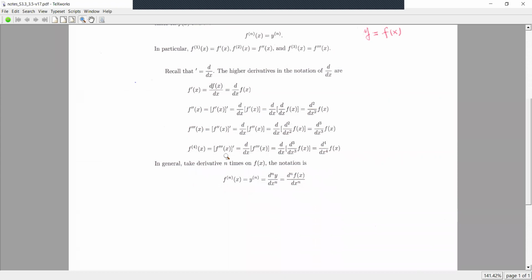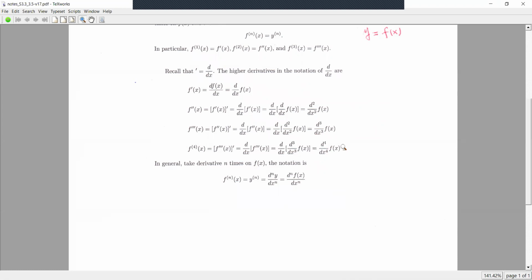Take the derivative of the third derivative. Replace this prime by d over dx, and replace f triple prime by this. Then we have this equation. d times d to the third is d to the fourth. dx times dx to the third is dx to the fourth.